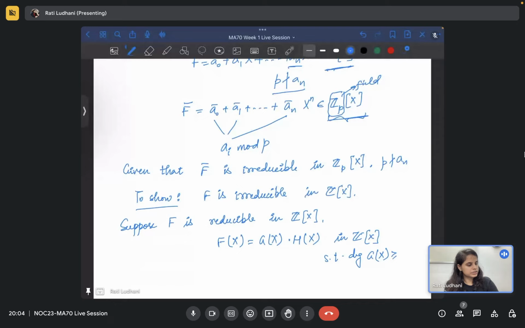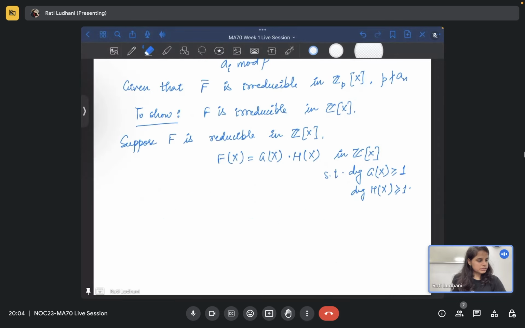Okay, so one more thing, I should not say that because there are units which are also not reducible. So let's see if we need this condition or not. We can see that later.